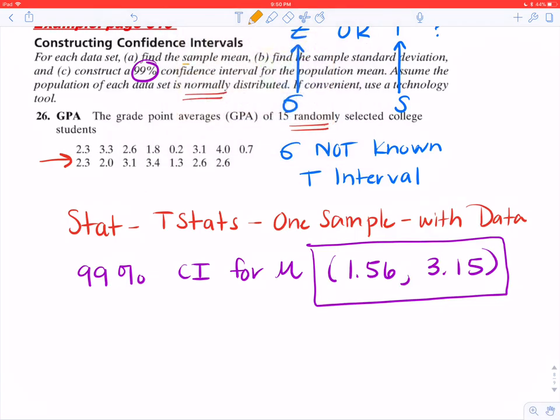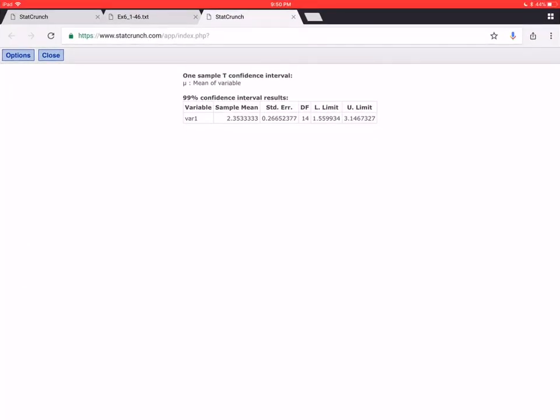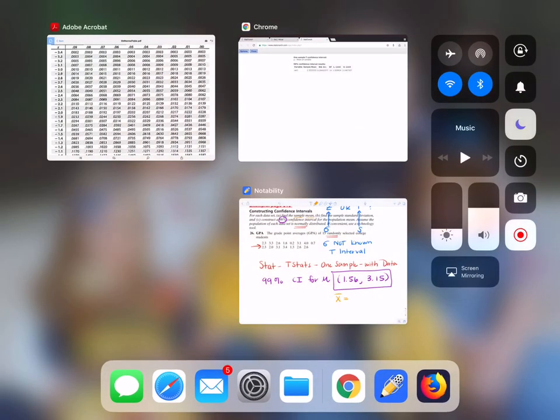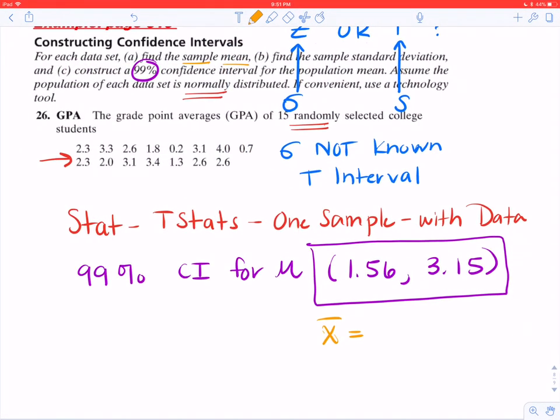All right, I was asked for the sample mean. That would be the value of x bar, which would be the center of the interval. And that is something that was given in my interval output. So sample mean is rounded 2.35. All right, that's the sample mean.